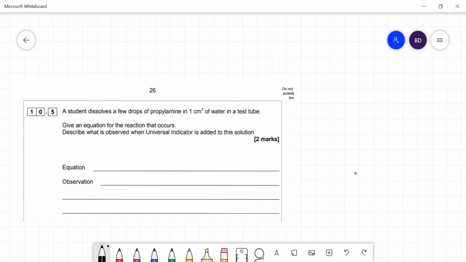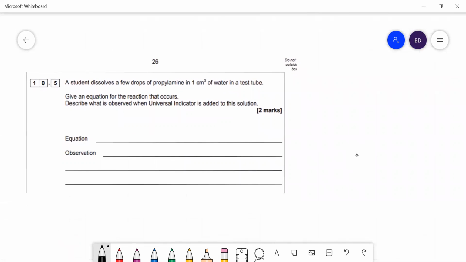Okay, now it's about the basic property of amines. So a student drops a few drops of propylamine in water. All right, give me the equation that occurs. Okay, so propylamine, CH3, CH2, CH2, NH2.